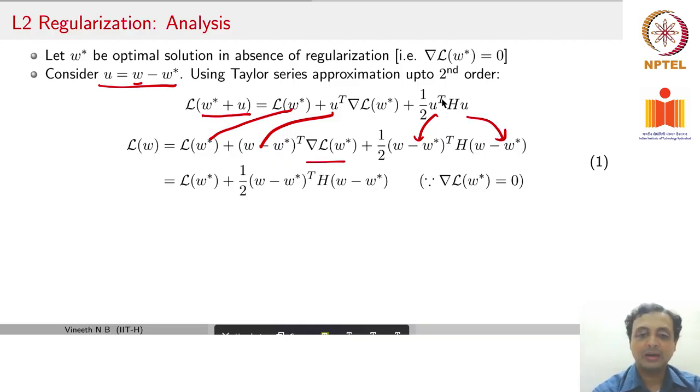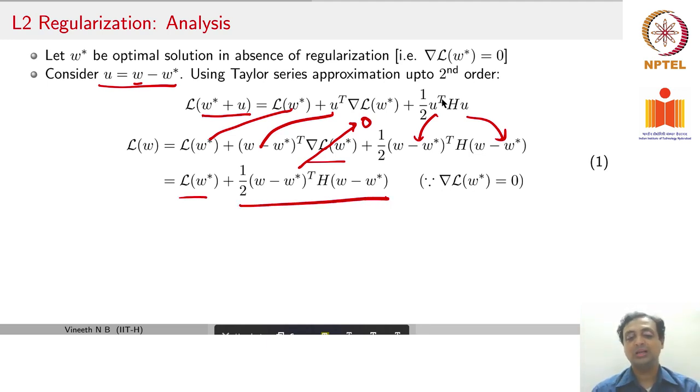We now know that grad L at W star is 0 because that's our assumption of what W star is. It's an optimal point for your original loss function, which means we are left only with the first and the third term, and you're now going to have L of W to be L of W star plus half into W minus W star transpose into the Hessian into W minus W star.